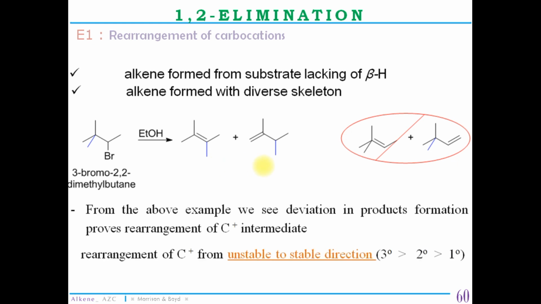From the above examples, we can see deviation in product formation proves rearrangement of the carbocation intermediate. And what will be the direction of rearrangement? It depends on the stability of the carbocation, from unstable to stable direction.